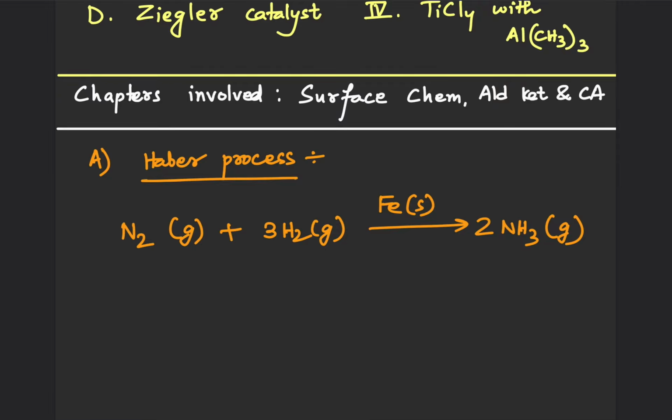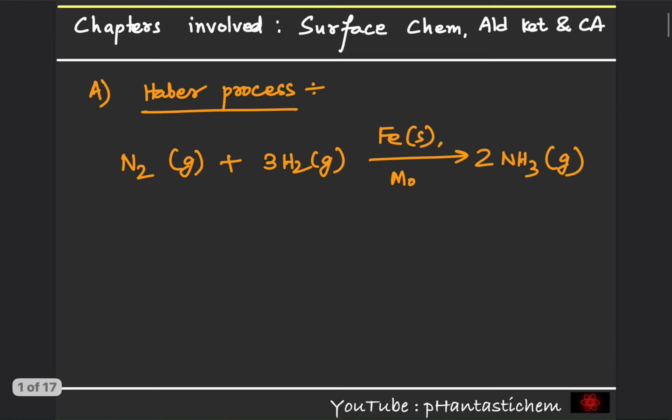And there's a little bit of extra information in Haber's process. Molybdenum acts as a promoter, so we use molybdenum also here. It acts as a promoter for the iron catalyst.